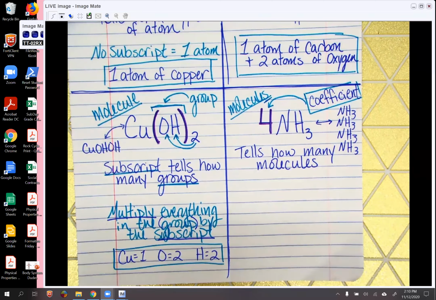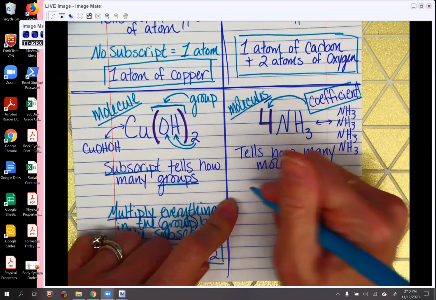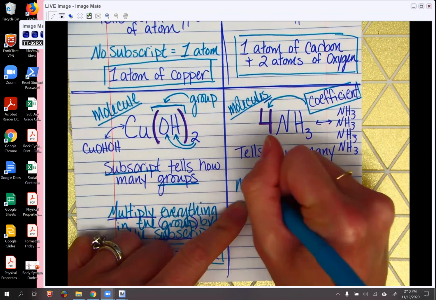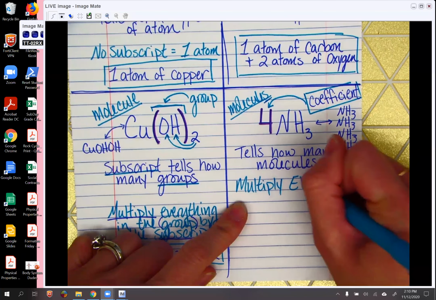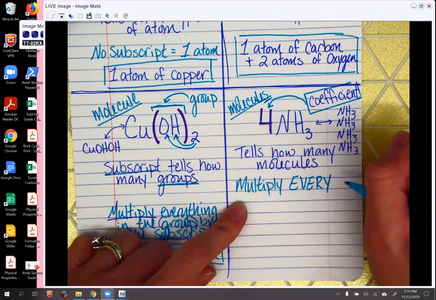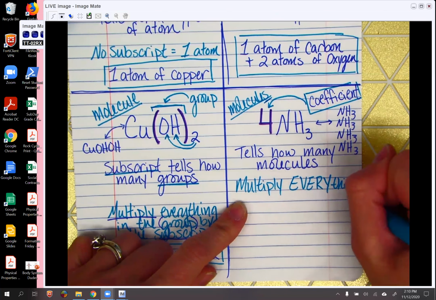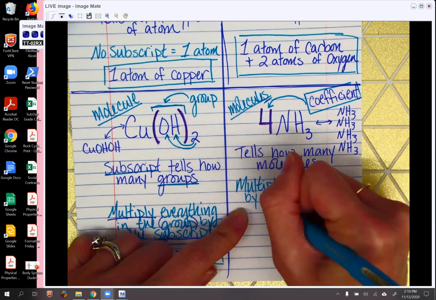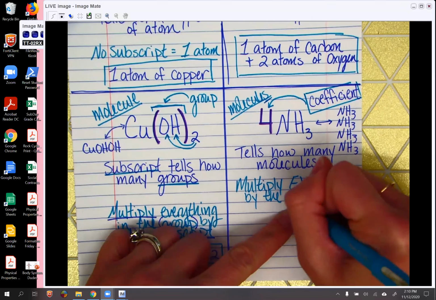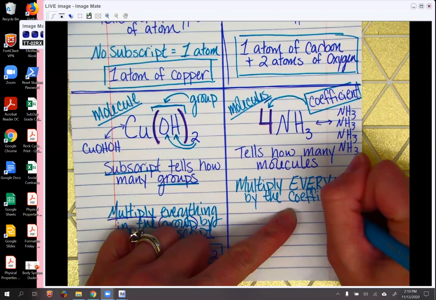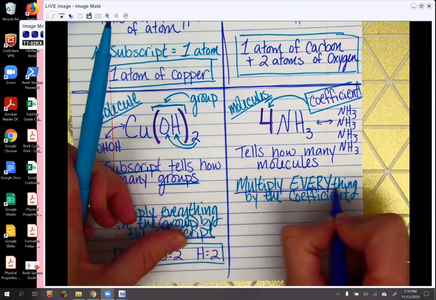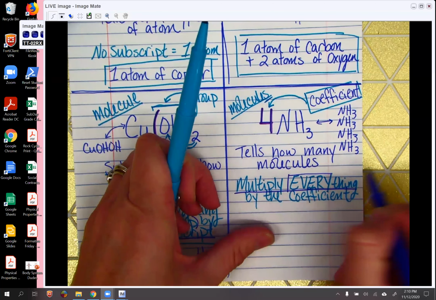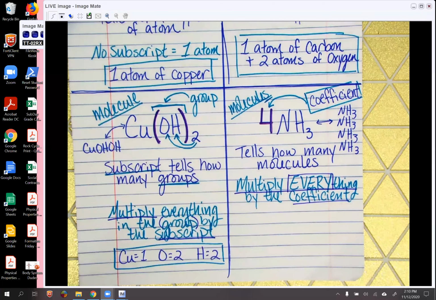When you have a coefficient, that means you multiply everything, E-V-E-R-Y, capital everything, by the coefficient. Everything, no exceptions.